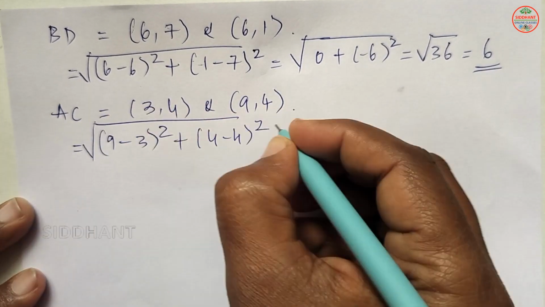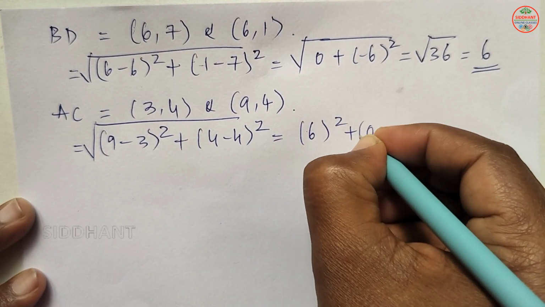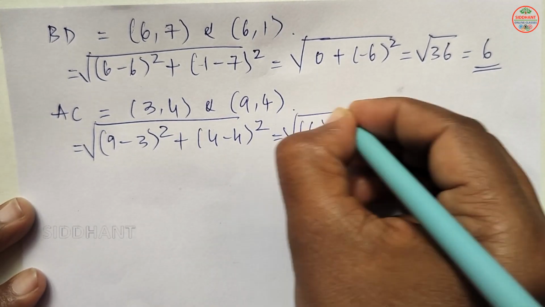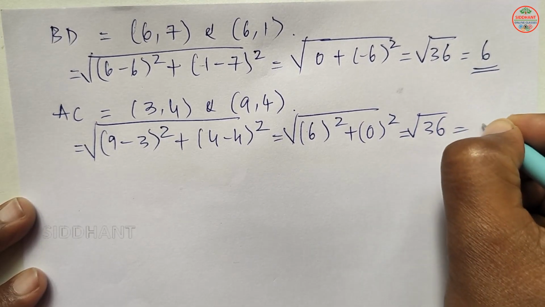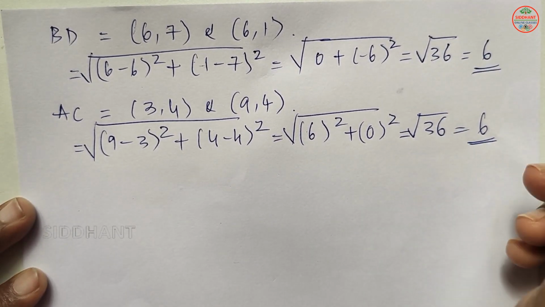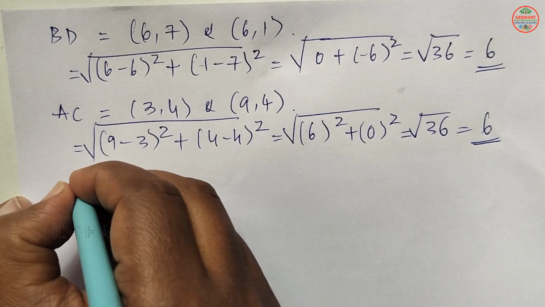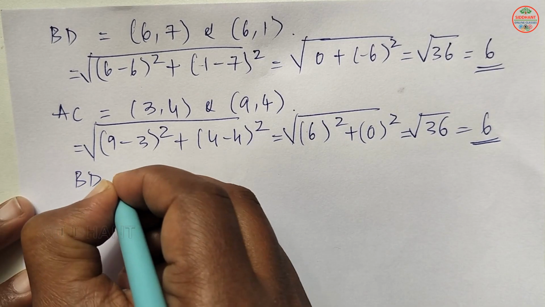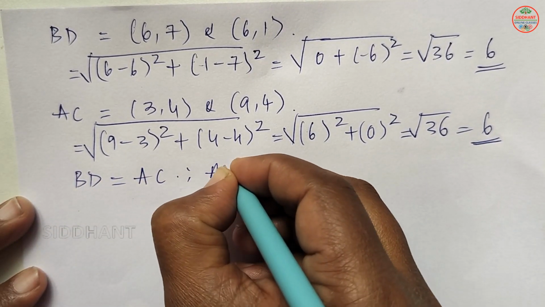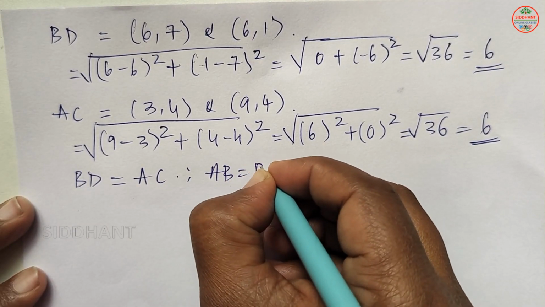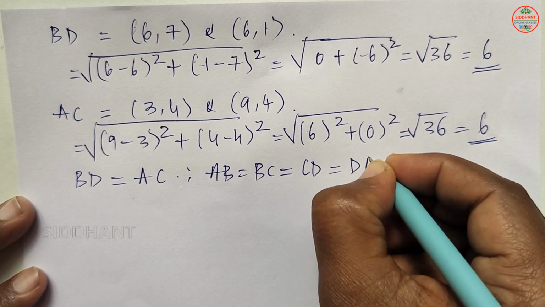So that will be 6 square plus 0. 6 square will be 36. Square root 36 will be 6. So here BD is 6, AC is 6. So the diagonal BD is equal to AC, and sides AB is equal to BC, equal to CD, equal to DA.